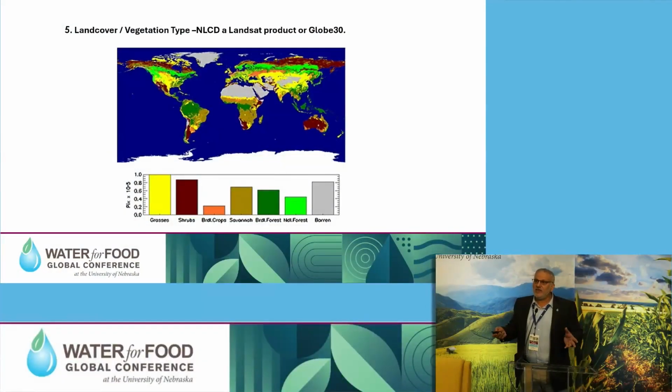Also, to identify our surface, we need just a coarse idea about the land use. It's not detailed, but we need around seven classes to help ALEXI identify those surfaces and give a good estimate of ET.